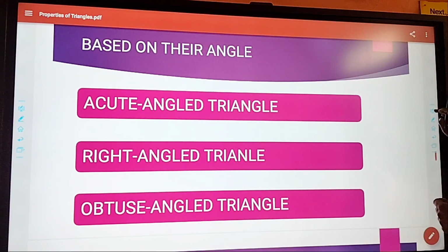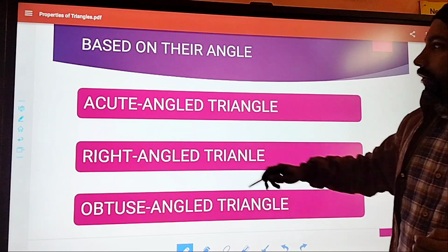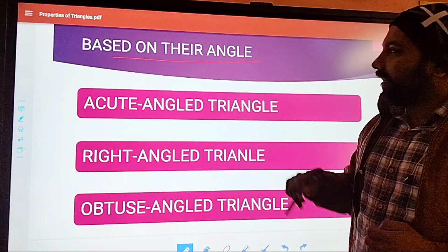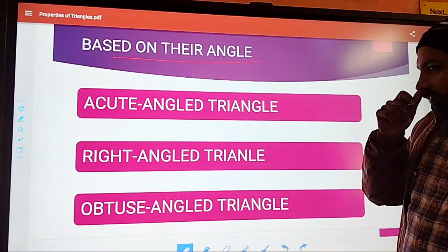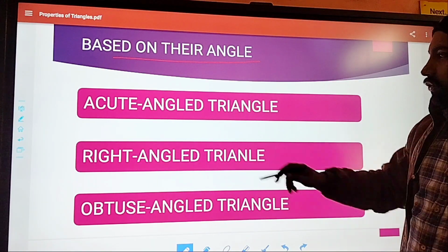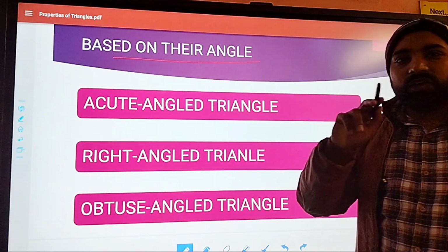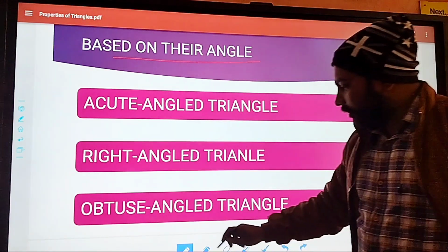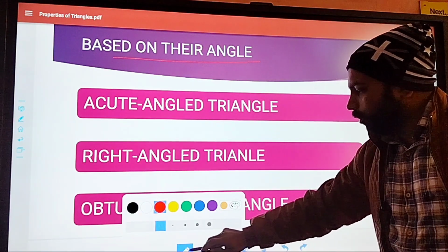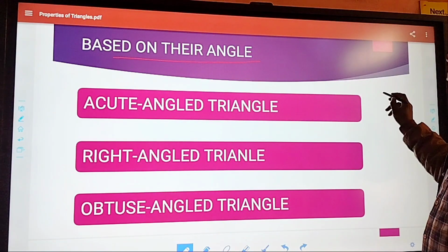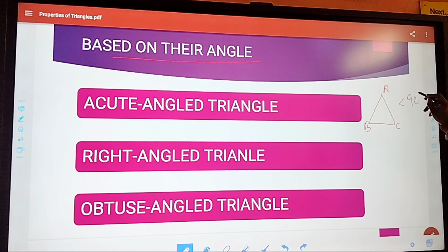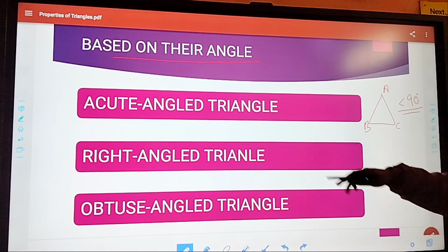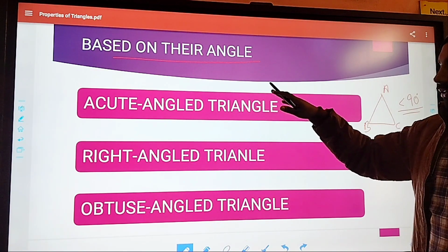You can see, first we wrote on the basis of the angles. When we are covering on the basis of angles, we have three types of triangle here. First one is the acute angle triangle: when all the angles of a triangle are acute, or less than 90 degrees, we can name that triangle as an acute angle triangle.